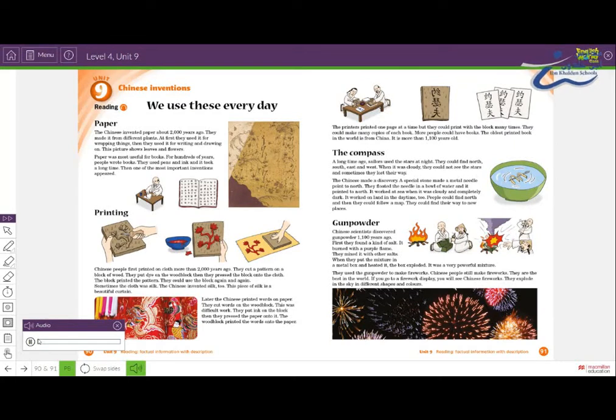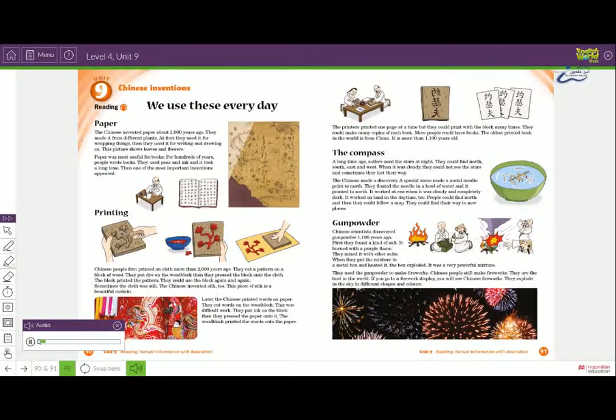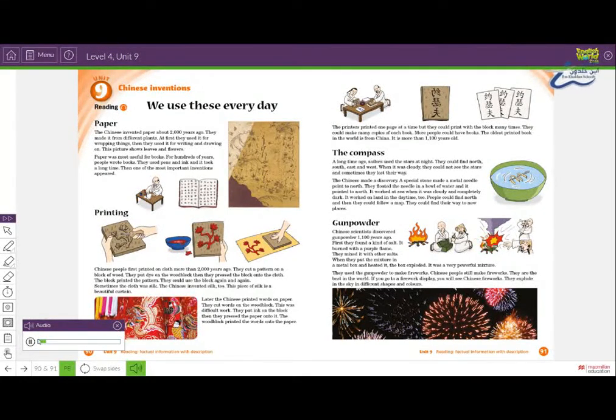Poster 9 and Pupil's Book Unit 9, page 90. Reading. We use these every day. Paper. The Chinese invented paper about 2,000 years ago. They made it from different plants. At first, they used it for wrapping things. Then, they used it for writing and drawing on.